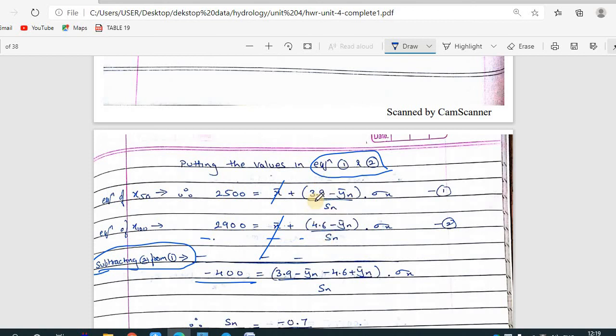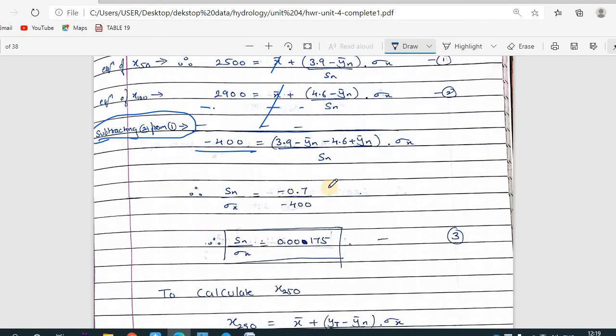Okay, this will be 3.9 minus y bar n minus 4.6. Okay, this is already minus, so this will become plus y bar n into sigma x divided by Sn.